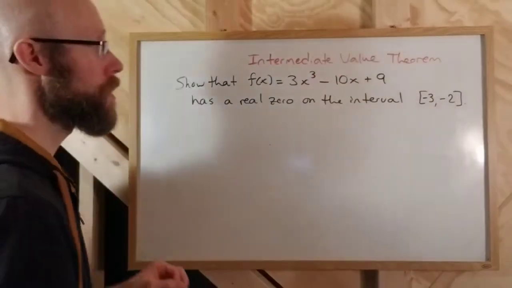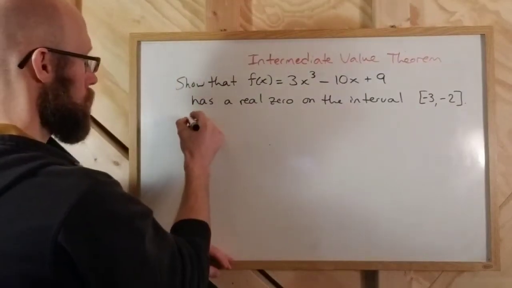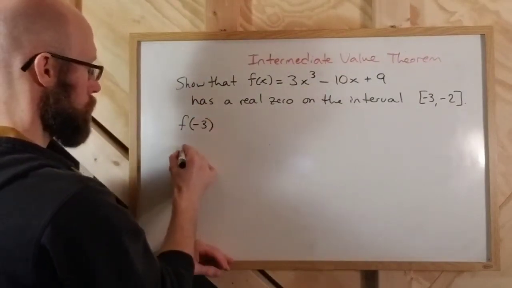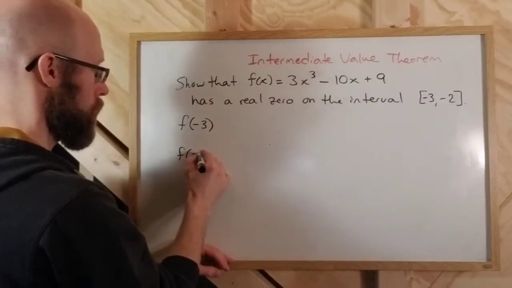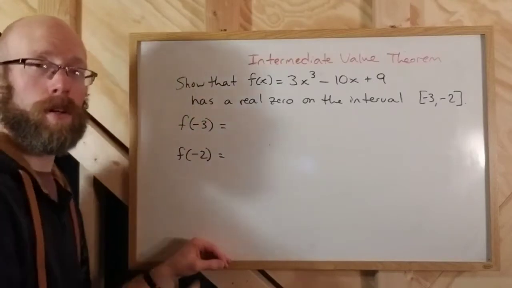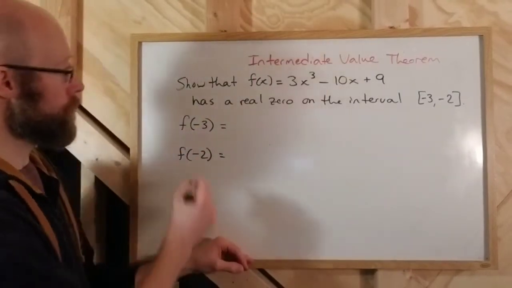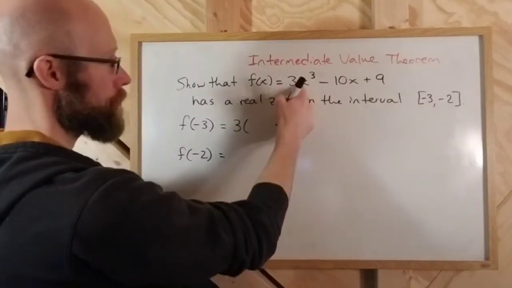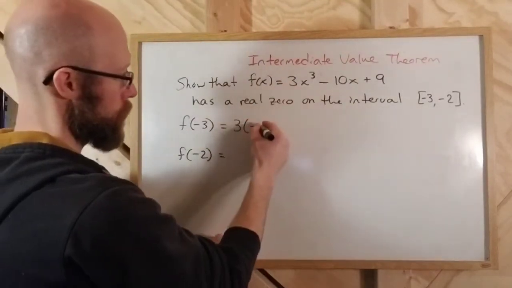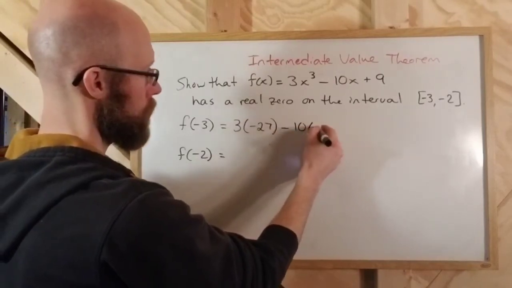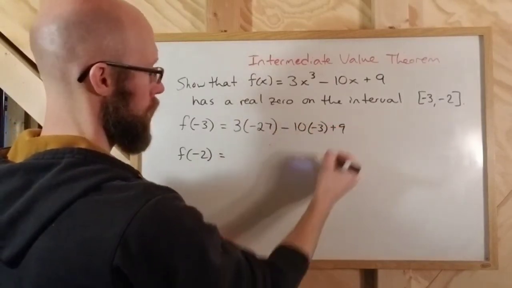To prove it, all I'm going to do is very simply calculate the function value at each of those endpoints. All right, f of -3 and f of -2. So if I plug in -3, I get 3 times -3 cubed, which is -27, minus 10 times -3 plus 9.